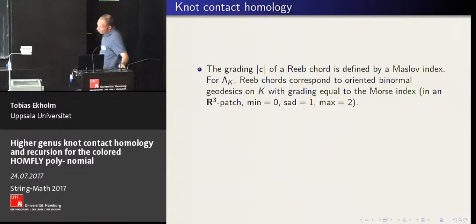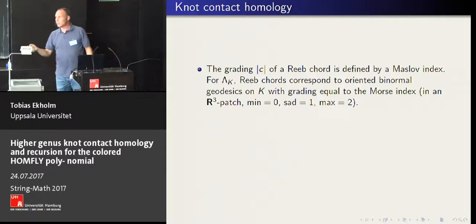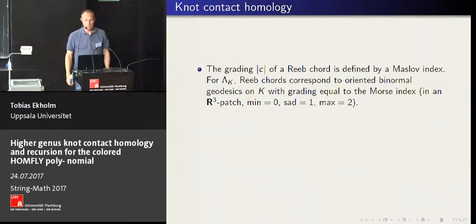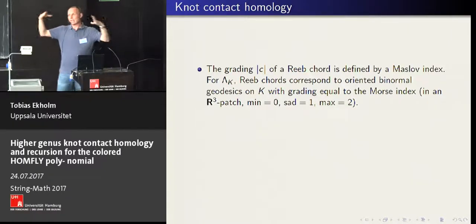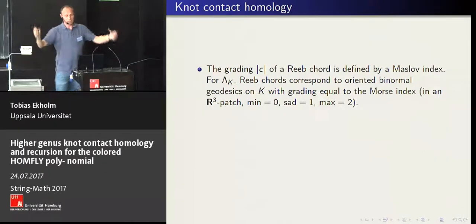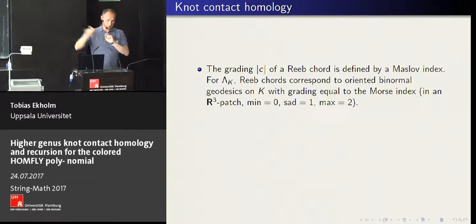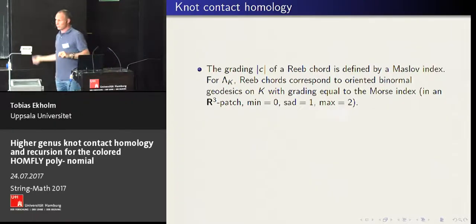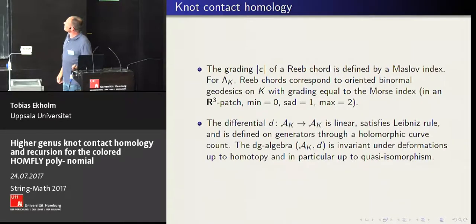And moreover, this grading in this case is also easy to understand. It's just exactly the Morse grading of the geodesic chord. So if we think of the knot as lying, it's really in S3, but think of it in R3, then this grading has only values 0, 1, and 2. So that's a very good thing for calculations.